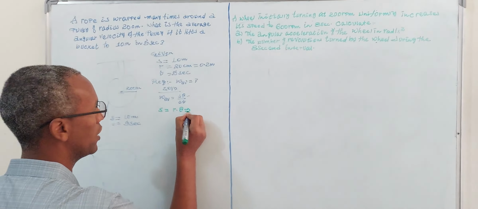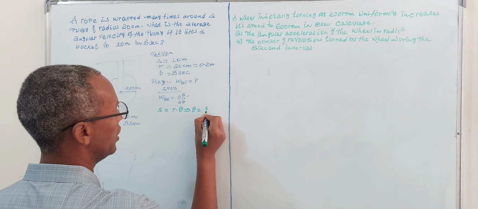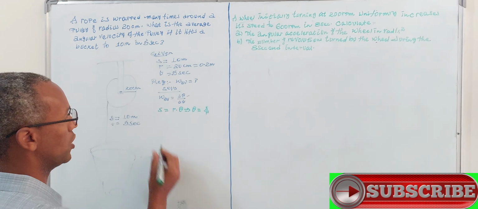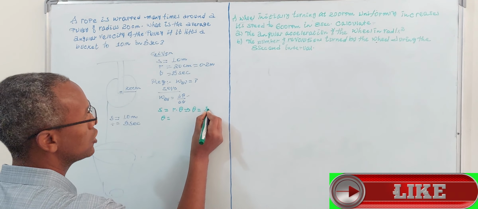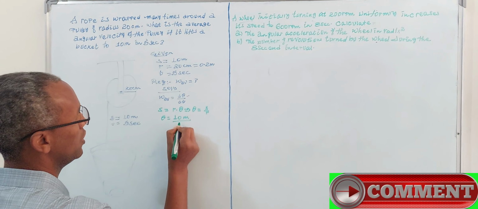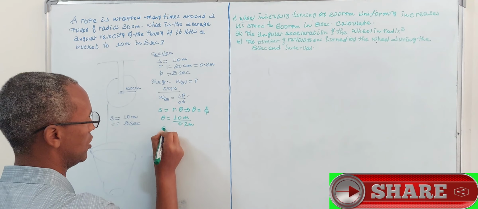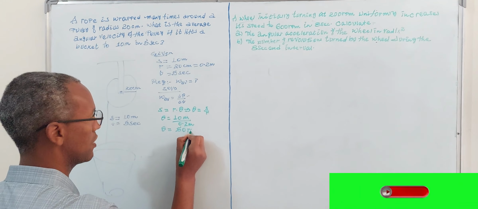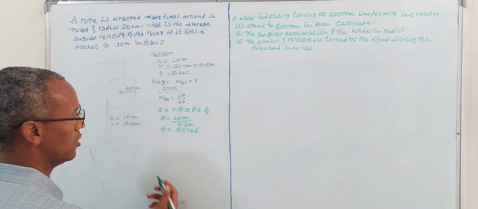From this, you get the angular displacement is equal to linear displacement upon radius, which is equal to 10 meters upon 0.2 meter, which is equal to 50 rad. We call it radian, or rad.